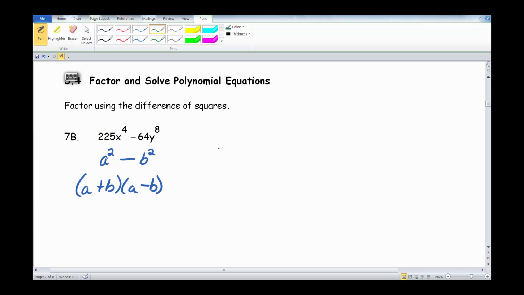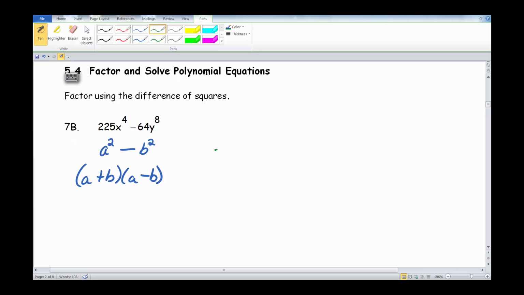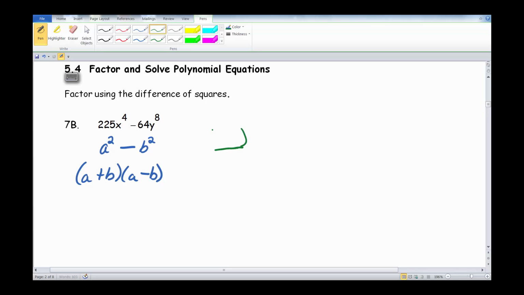So, just starting this off, we have to identify what is our a and what is our b. So we'll ask ourselves what squared is going to give us this first piece, this a squared. And again, a squared is just this 225x to the fourth power.